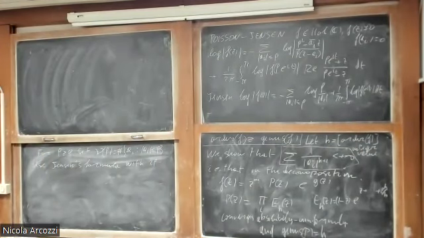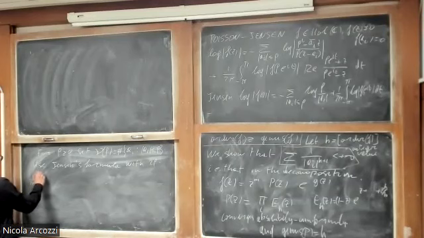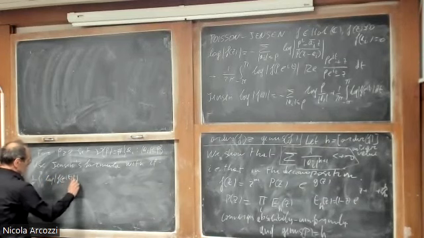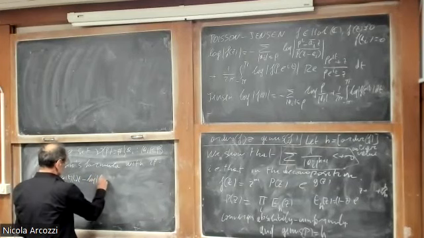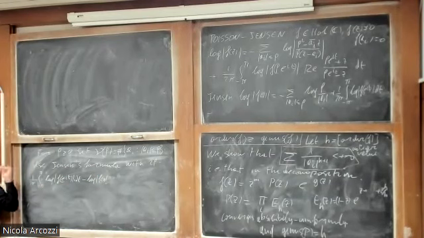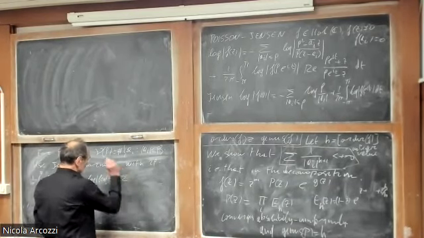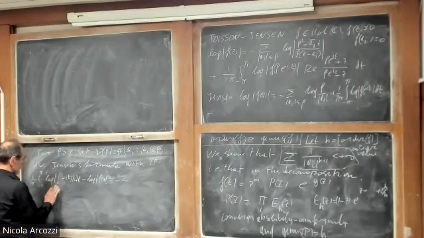So if I consider 1 over 2 pi, and this is a term where the growth of the function, so the order of the function, this is equal to minus something. And here I got the 2 rho.